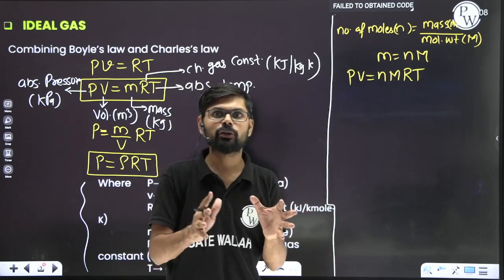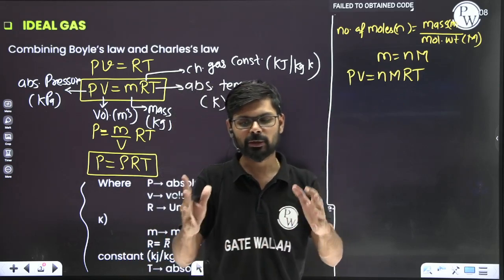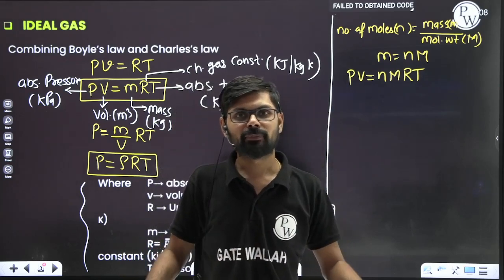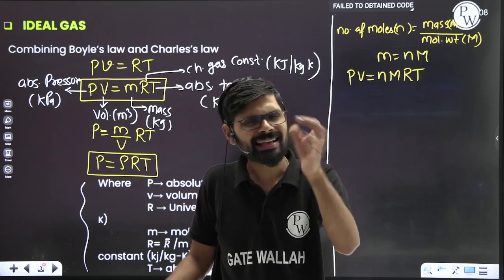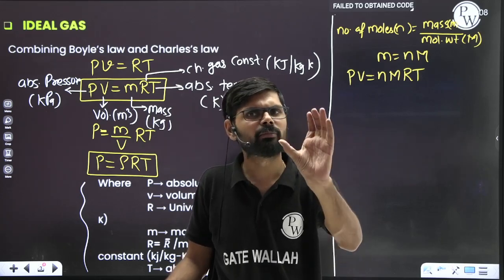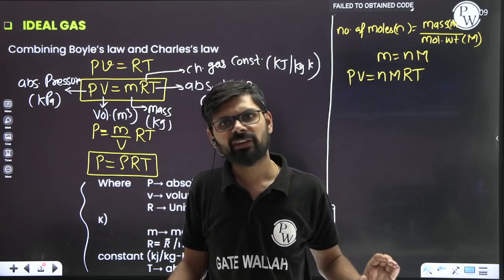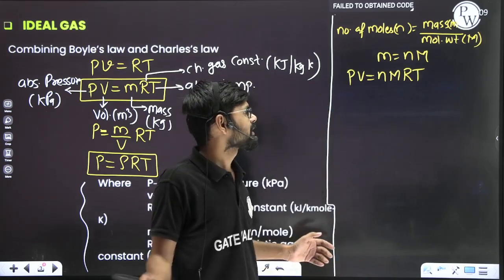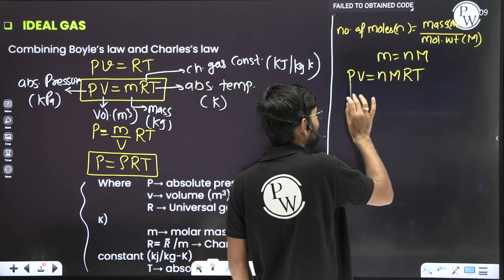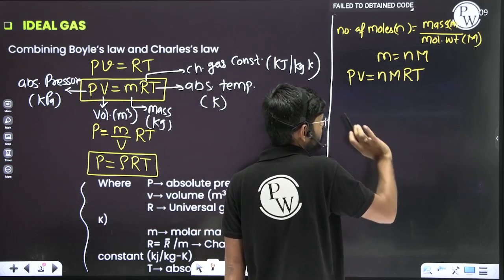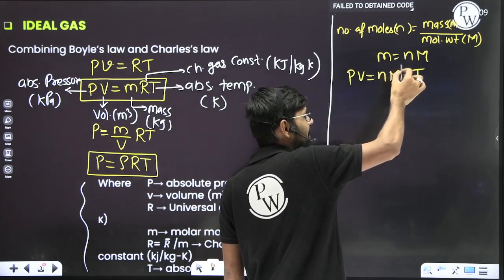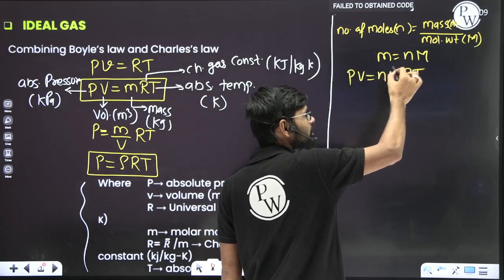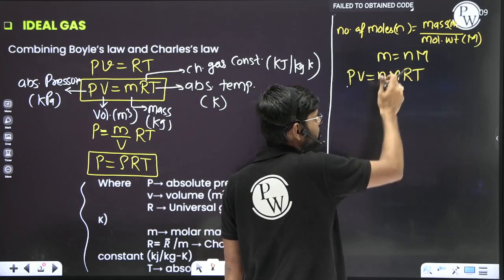Means in a particular container, if pressure, temperature and volume are fixed, then n is also fixed for any gas. It means that M into R will also be fixed. If all others are constant, then M into R is also constant.